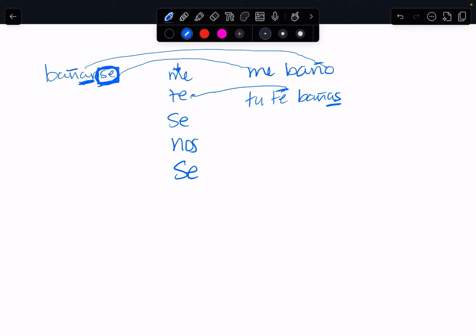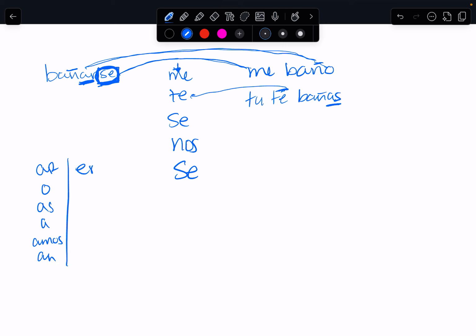So you have the pronouns, which are me, te, se, nos, se. So if I'm trying to say that I bathe, I would say me, which is that se part right here, me, and then you conjugate to baño. The conjugations for AR verbs are o, as, a, amos, an.